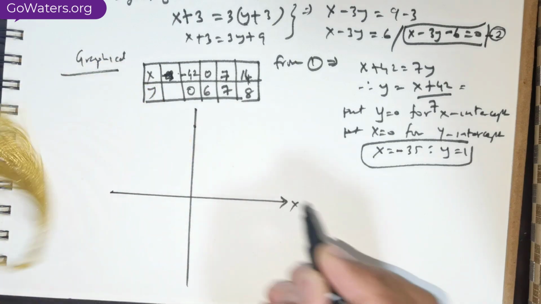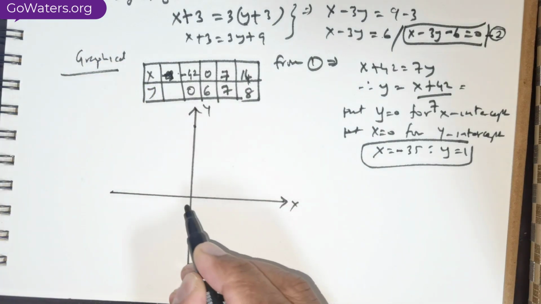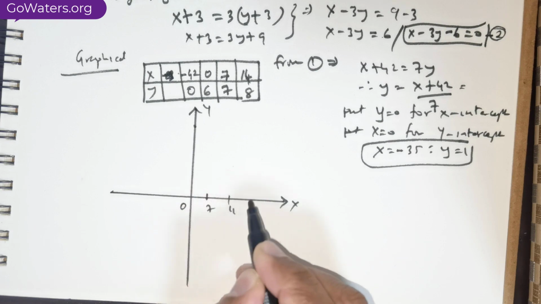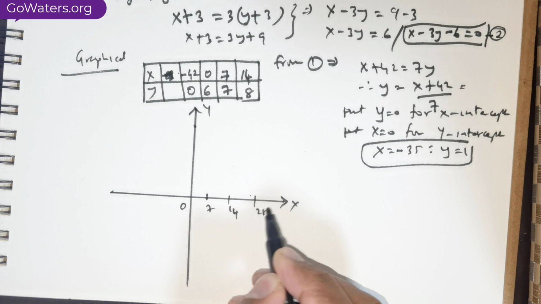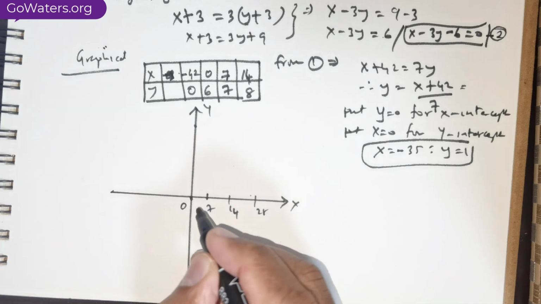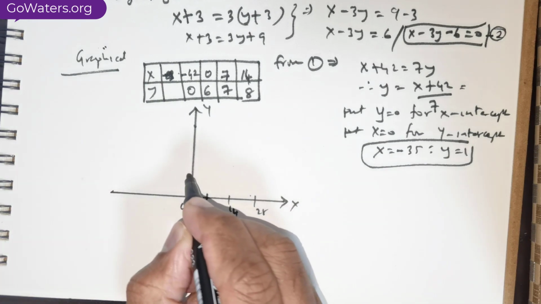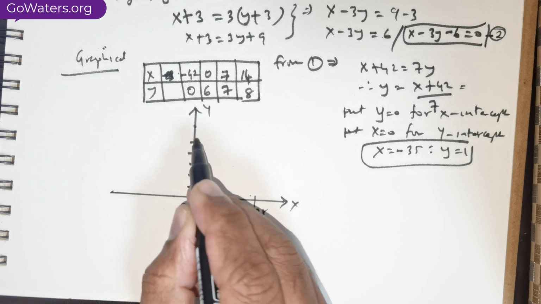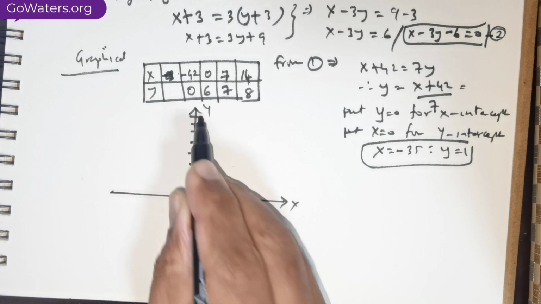So this is x, this is y. I start with 0 and 7, 14 and 28, so on and so forth. So let me take these values as 1, 2, 3, 4, 5, 6, 7 and 8.